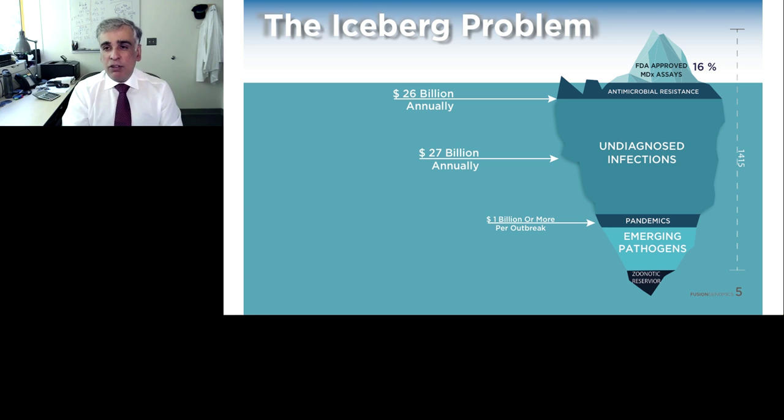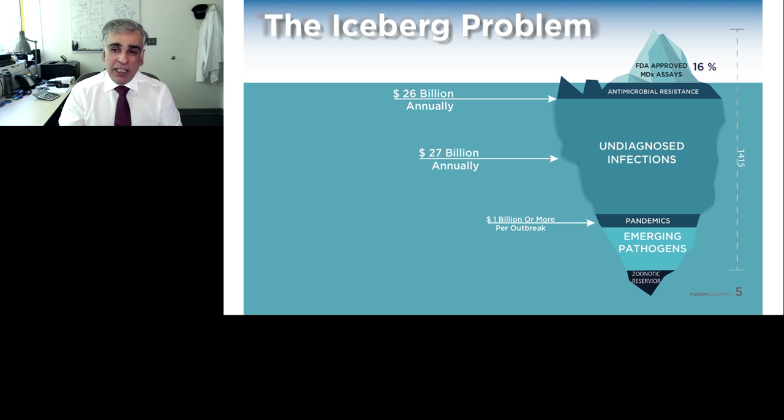What this shows is that the tip of the iceberg represents your FDA-approved molecular diagnostic assays for infectious agents. According to the latest estimates, including the 2008 publications, there are about 1,415 known pathogens, and the FDA-approved assays cover only about 16% of them.